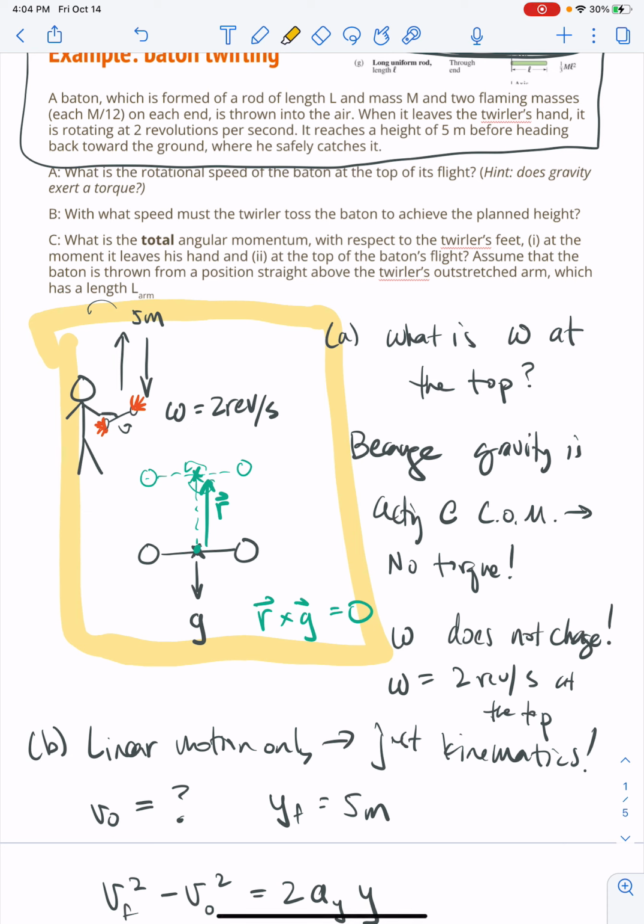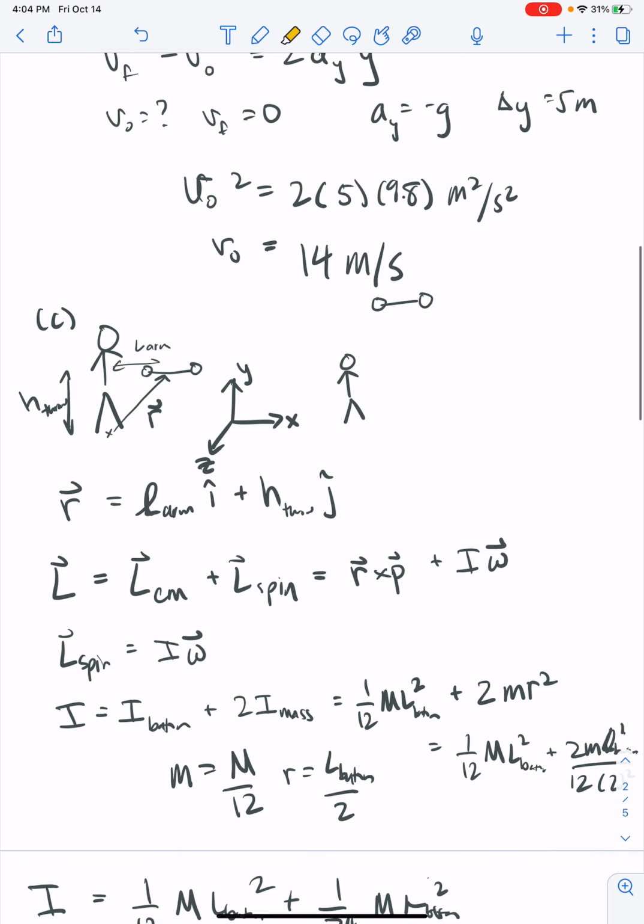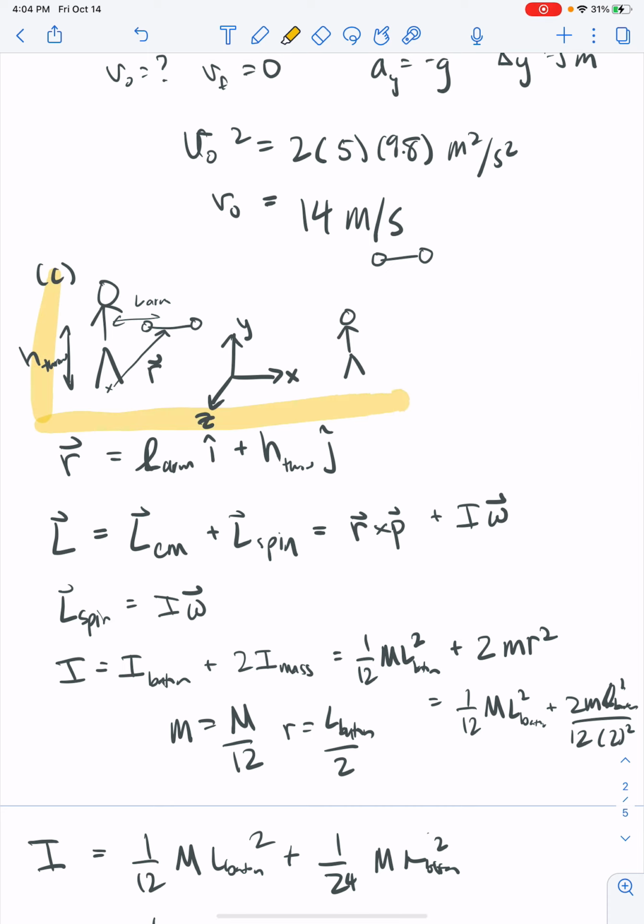Okay, so at the beginning, right here, we chose our origin at the position where the person was holding the baton at the beginning. And about that point, there was no torque because gravity was pointed just along the direction of motion. And so that meant that there was no torque around the center of mass. But then we've got a new frame down below here, where now our origin is here at the person's feet.